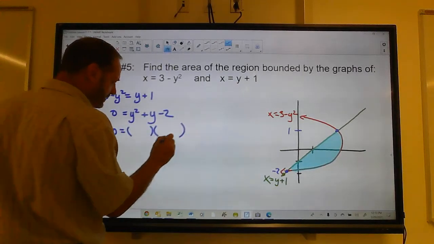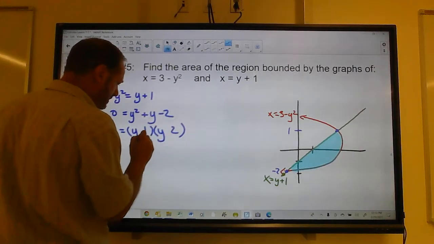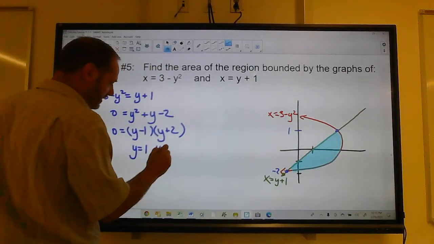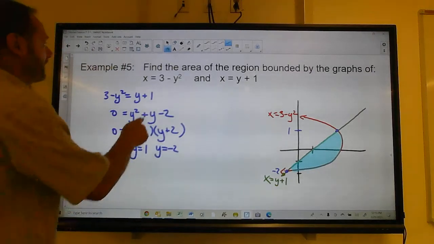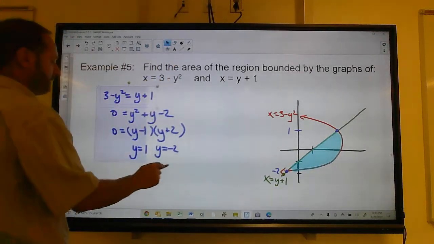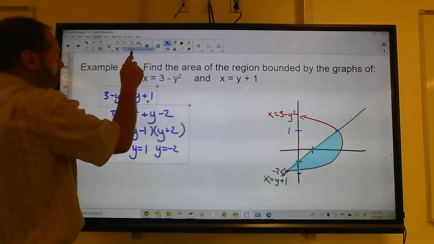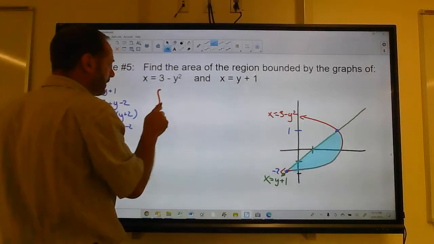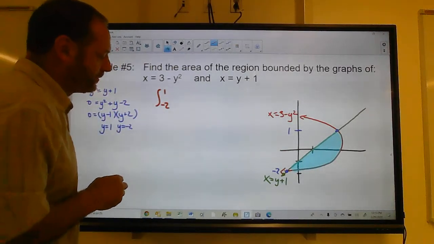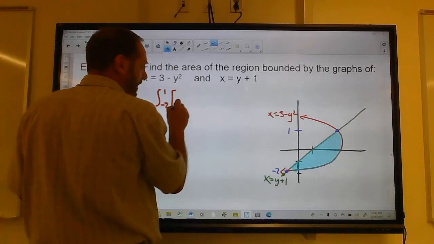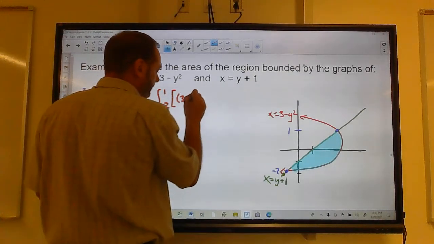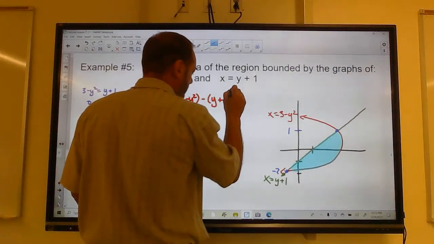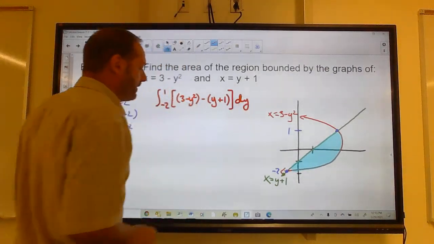And we can factor this. And then y is going to be 1 and y is going to be -2. Okay, so we're going to be integrating from -2 to 1. We're going to take 3 minus y squared, and we're going to subtract y plus 1. This is dy this time.